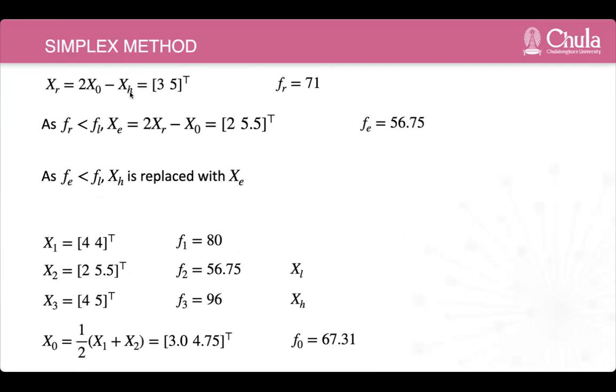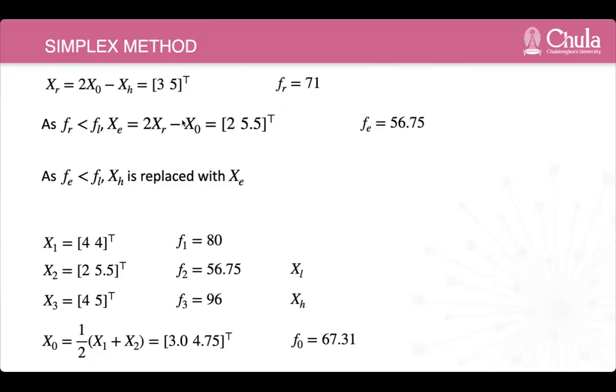Then you calculate it. The XR is 3.5, okay? With alpha 1, we get the new point XR at this point. The objective function of XR is 71.